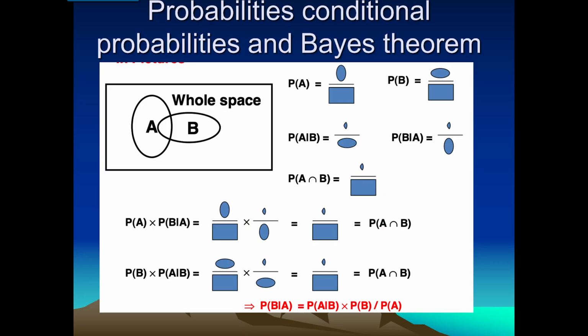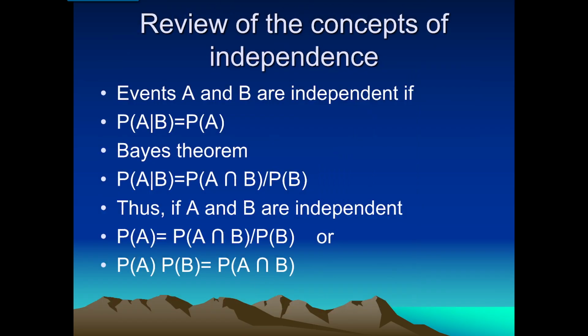So, if the conditional probability is equal to the marginal probability, or if the probability of the intersection is equal to the product, then the events are independent.